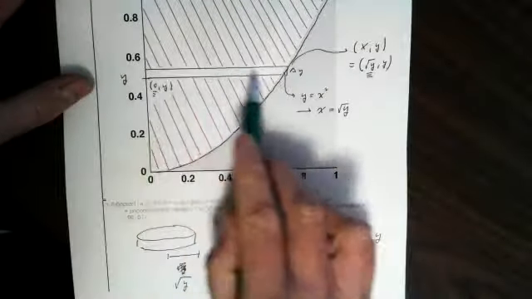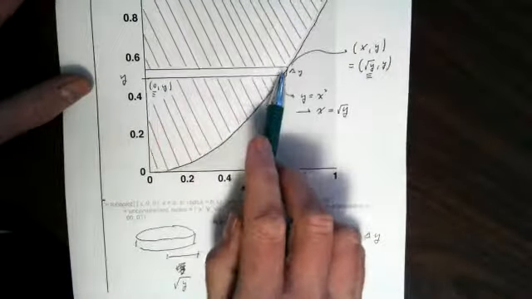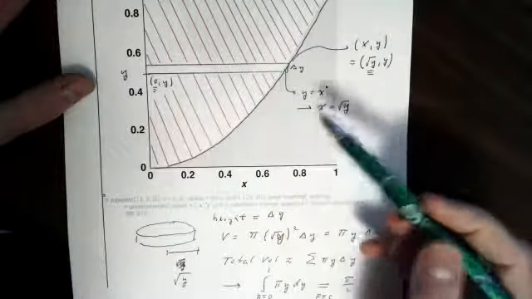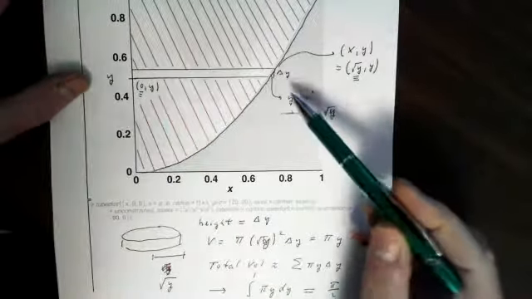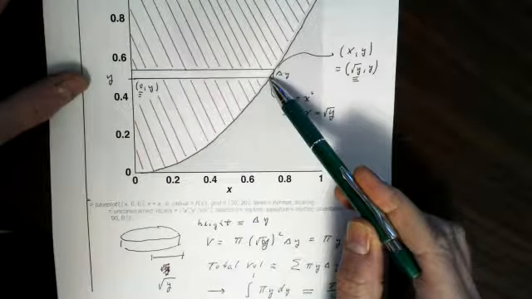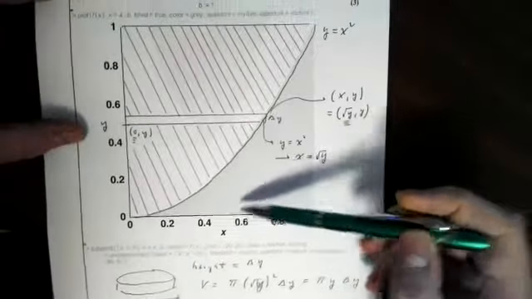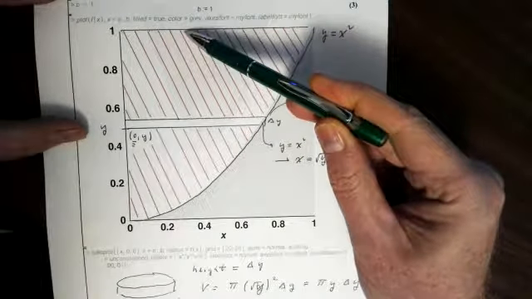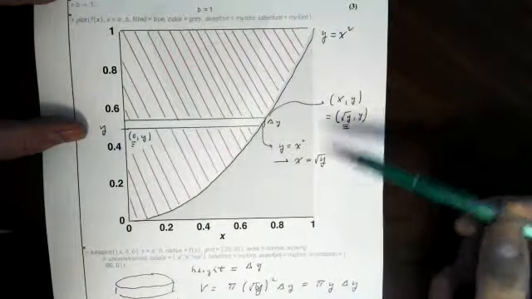So think about this as being a little section that we're rotating around the y-axis to get a little cylinder. The height is delta y, and we're going to fix a generic value of y between 0 and up here, which is 1, because when x is 1, the output is equal to 1.